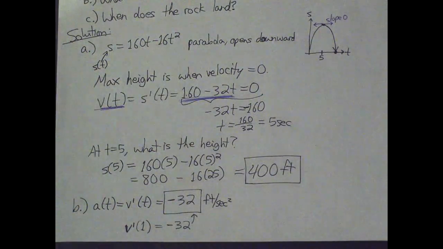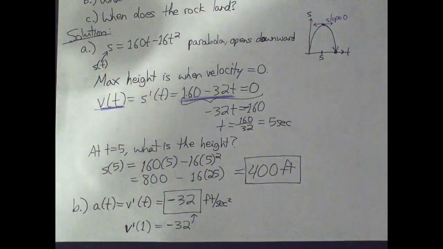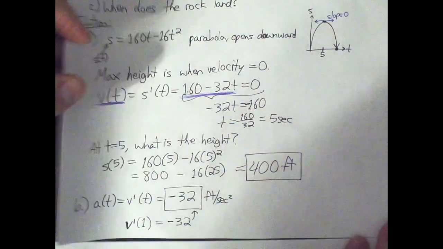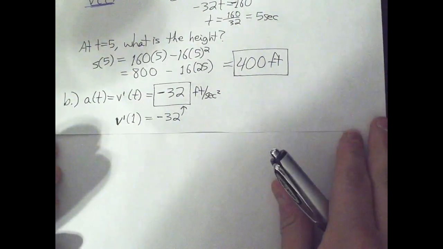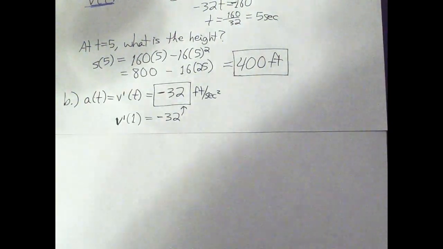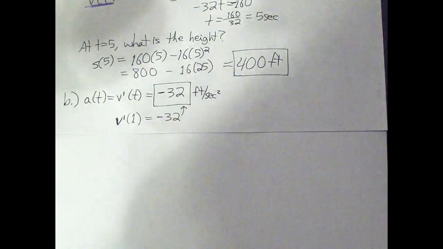Well, it's gravity. Gravity is what's causing this rock to accelerate, and the negative 32 feet per second squared, that is the force of gravity basically making the rock come back down towards the ground.